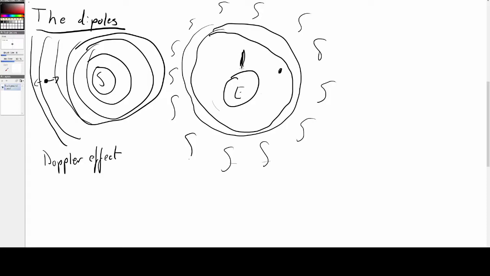Earth does have a velocity, and so in this direction, when the instrument happens to point in this direction, the CMB will look hotter, and likewise when the detector is pointing in this direction, the CMB will look colder. Cold and hot. So this movement and the fact that the detector is moving relative to the CMB rest frame will induce what we call a dipole.